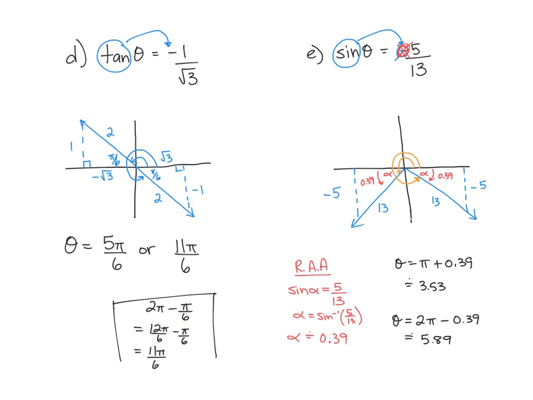So to satisfy the original statement, we are being asked to find our angles within our first positive rotation. You'll notice in example E, we do not have a special triangle, so at this point we would have to use our calculator, and we would need to ensure that our calculator is in radians.